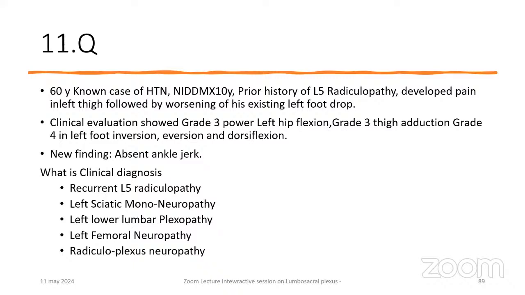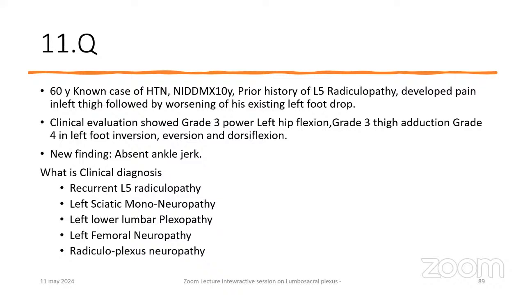Question 11. A 60-year-old known case of hypertension and diabetes for 10 years, with prior history of L5 radiculopathy. He developed pain in the left thigh followed by worsening of his existing left foot drop.